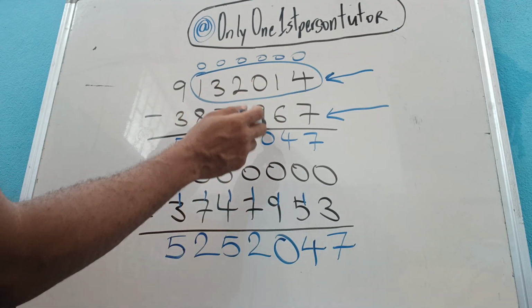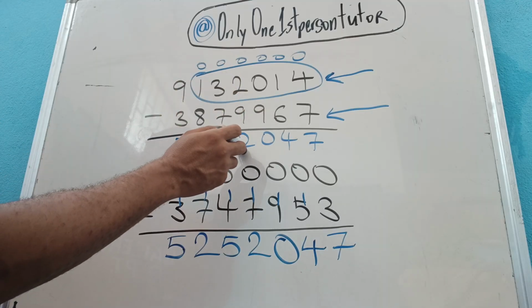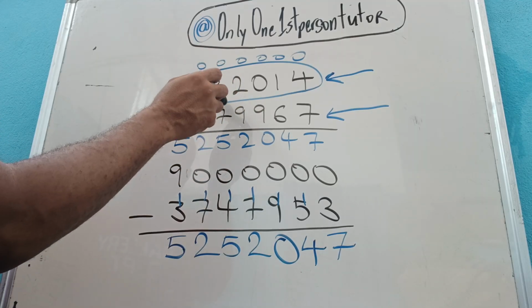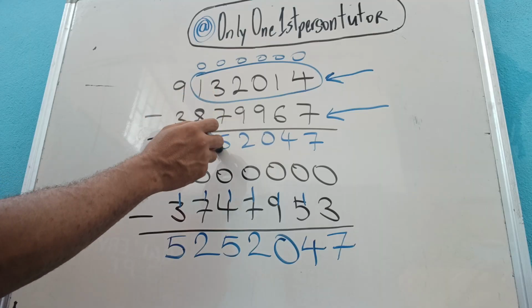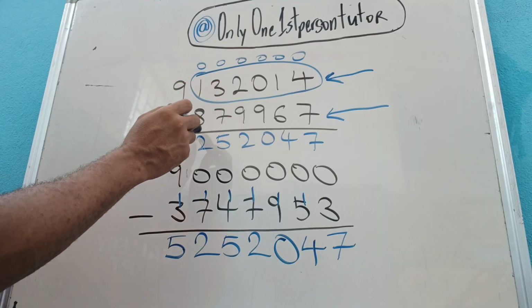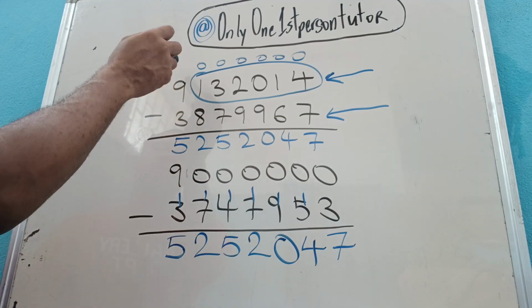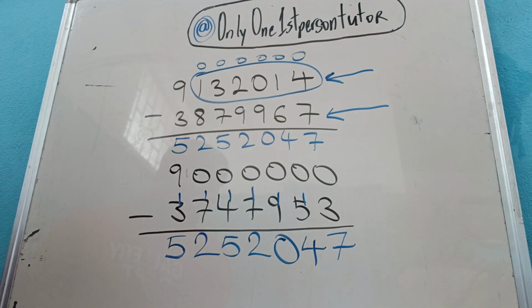We have a 0. Carry a 1. 1 plus 9, 10. 10 plus 2, 12. So you have the 2, carry the 1. 1 plus 7 is 8, 8 plus 5, 13. So you have the 3, carry the 1. 1 plus 8, 9, 9 plus 2, 11, carry the 1. And of course, 9 minus 4. There you go. Can't go wrong with it like this.